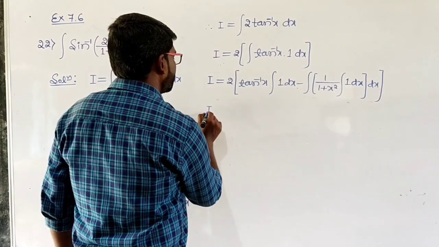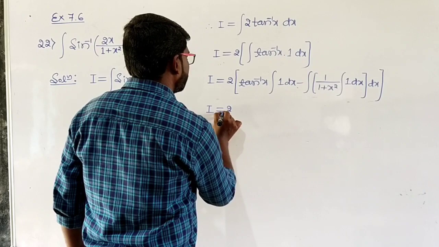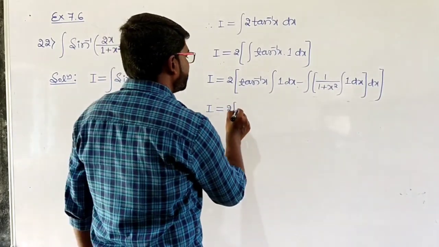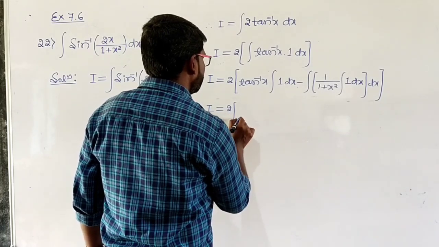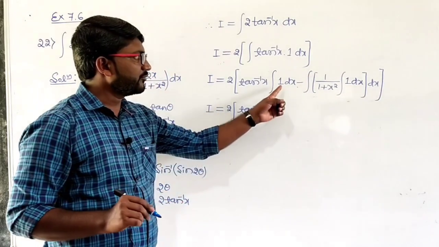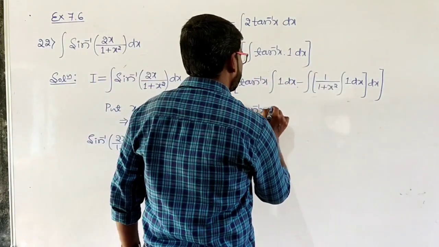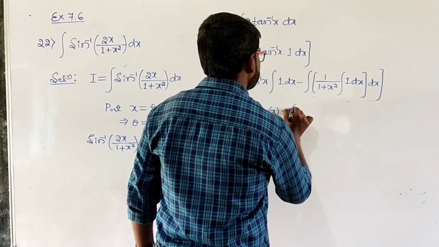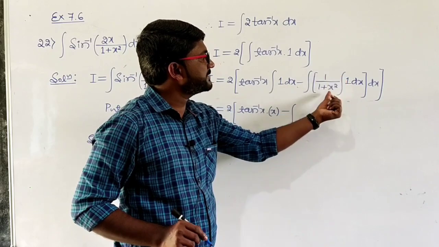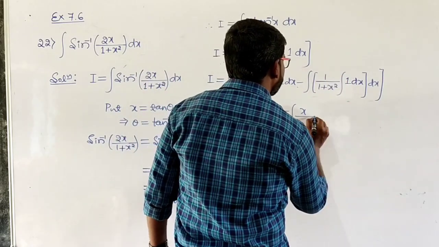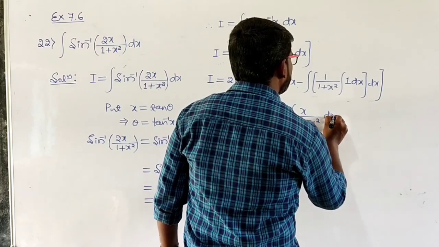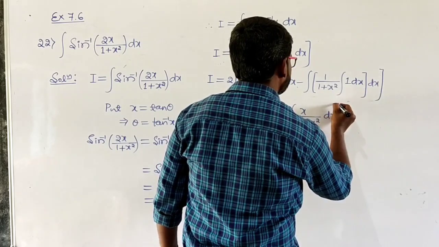Then I is equal to 2, tan inverse x, then integration of 1 dx will be x into x, then minus integral. So here integration of 1 dx will be x. This becomes x divided by 1 plus x square dx, and I close this bracket as well.